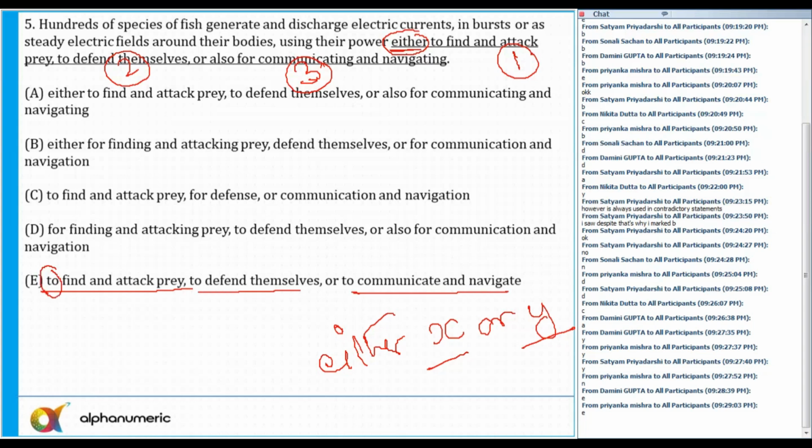All of them start with to. It is parallel. So they use their power to do three things: number one, to find and attack prey, number two, to defend themselves, and number three, to communicate and navigate. That is why the answer for this question is E.